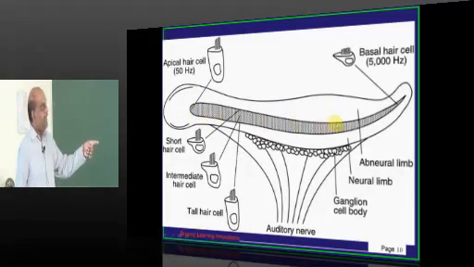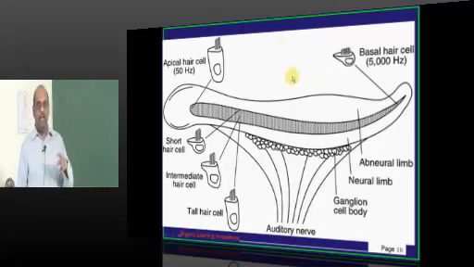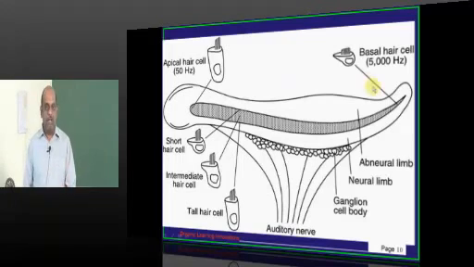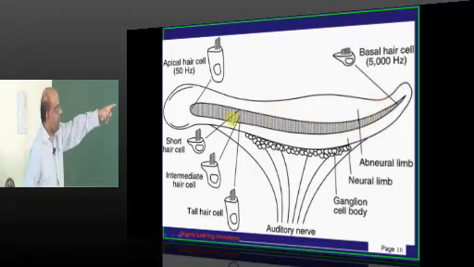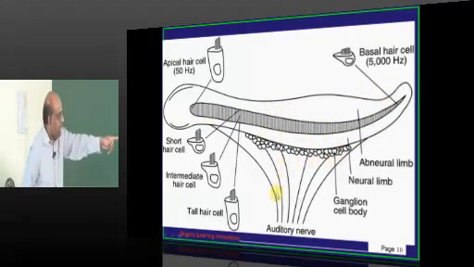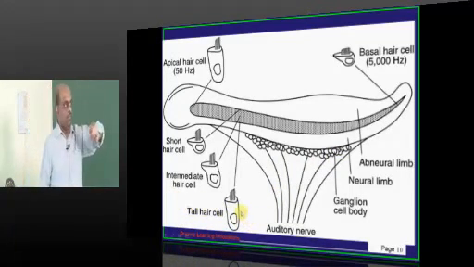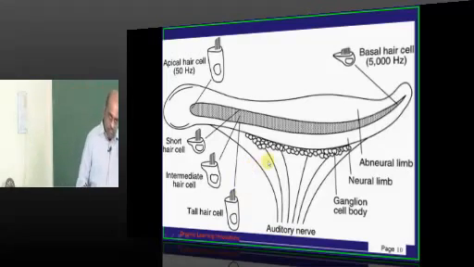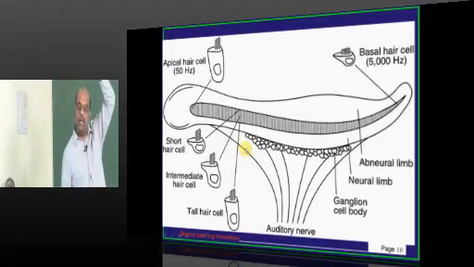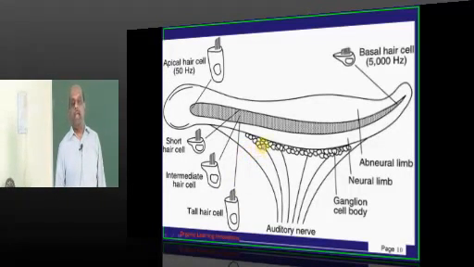So depending upon the frequency, the sound reports to different parts of the basilar membrane, which are picked up by the hair cells and sent to the spiral ganglion, and from the spiral ganglion through the cochlear nerve they reach the cochlear nuclei, located in the brainstem.